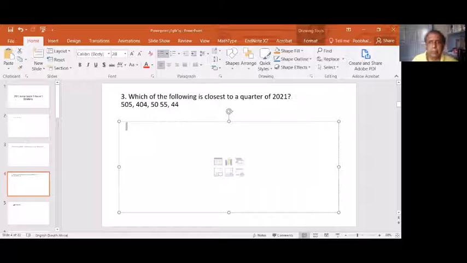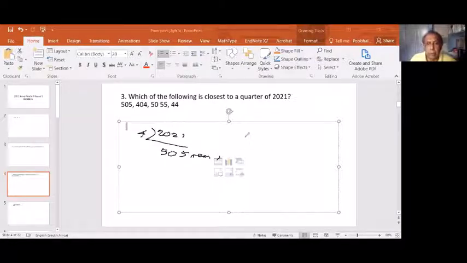To do that, you firstly have to find out what is 1/4 of 2021. In other words, divide 2021 by 4. You get 4 goes into 20 5 times, 4 goes into 2 0 times, 4 goes into 21 5 times, and the remainder is 1.